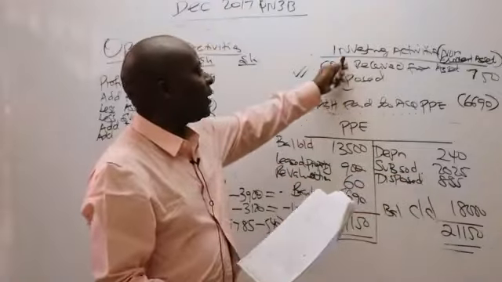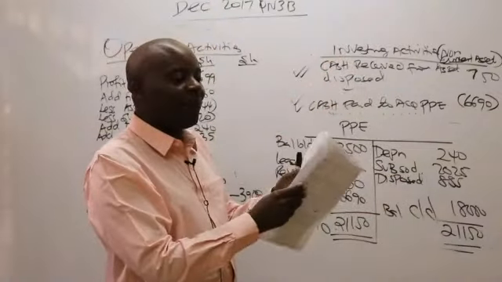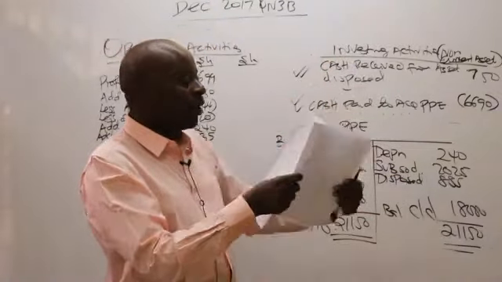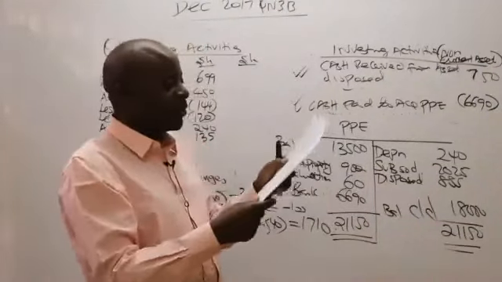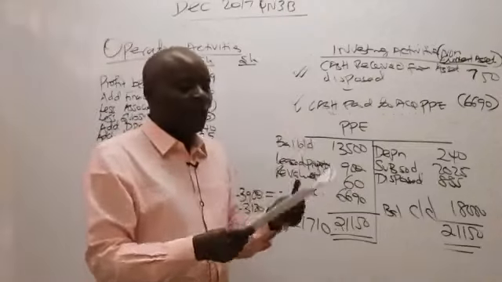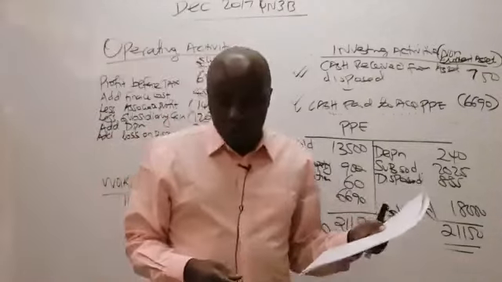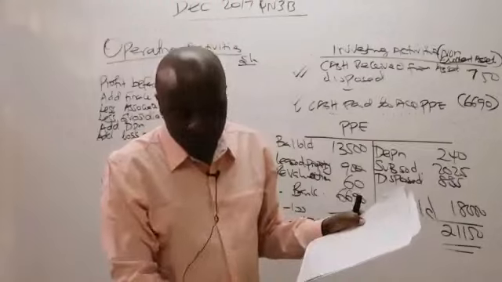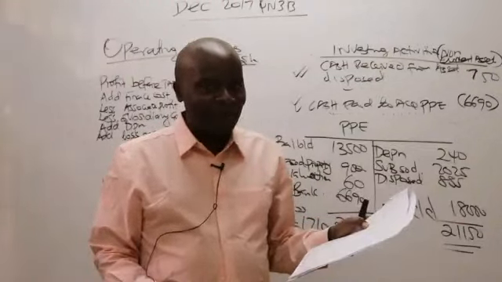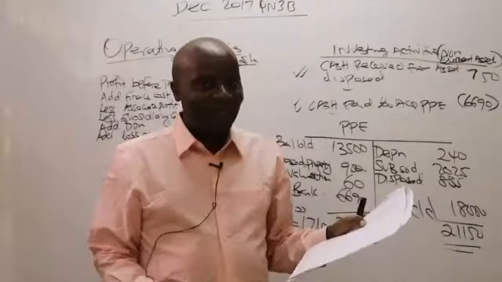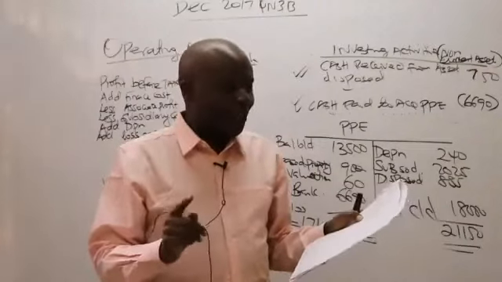Remember, investing activities, you look at the non-current assets there. When you see goodwill, ladies and gentlemen, of course, in this case, you must think of your subsidiary. Goodwill has an association with the subsidiary.